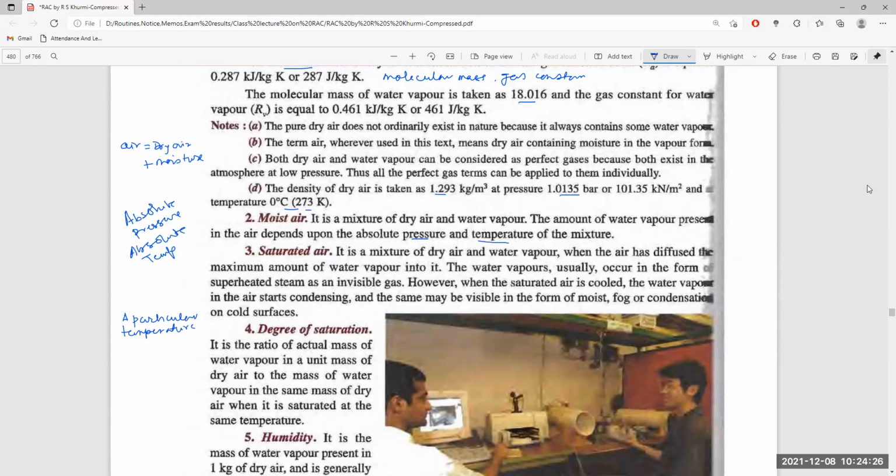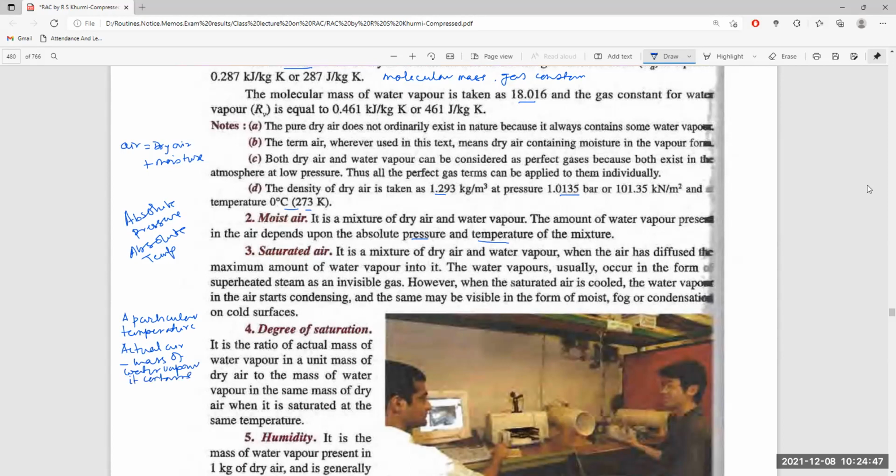First, the actual mass of water vapor contained in the air, the water vapor it contains.